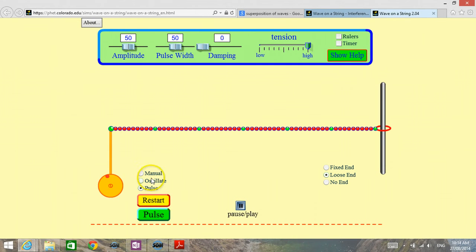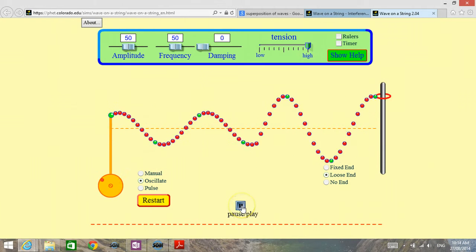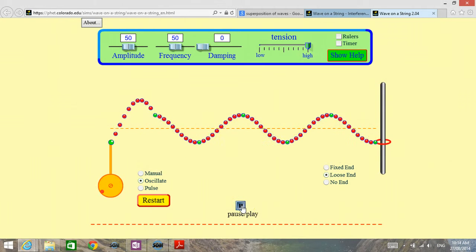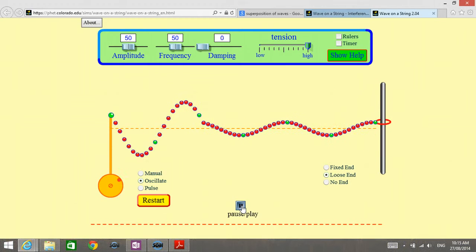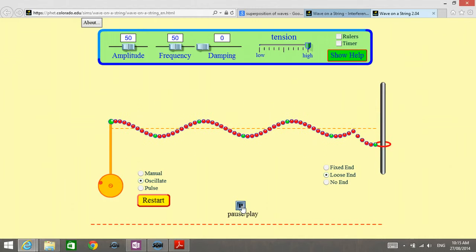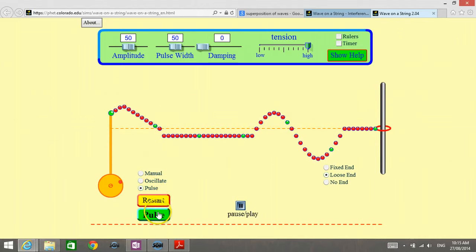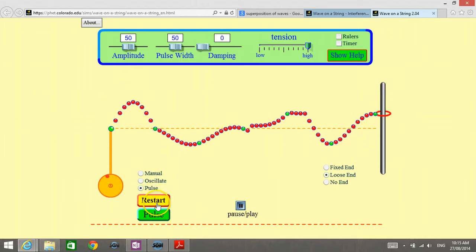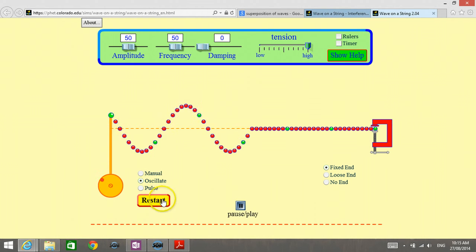Now, have a look at what's happening if I give a continuous wave and it bounces back. Yeah, this is weird, isn't it? Let's change to this one. Yeah, it will be all right.